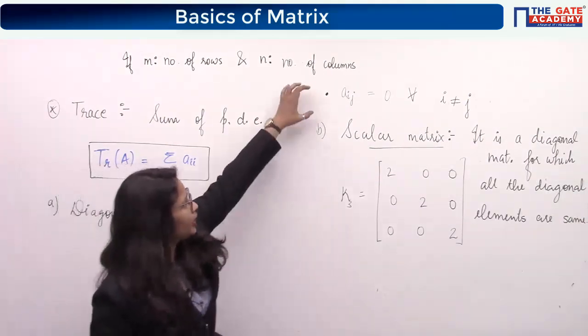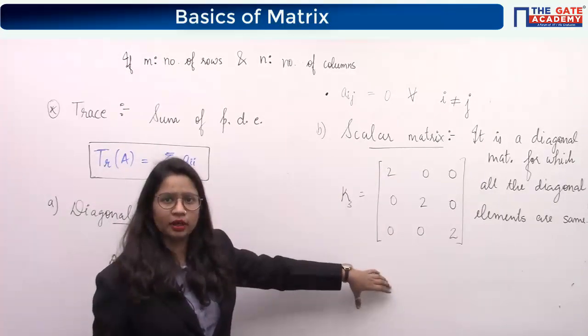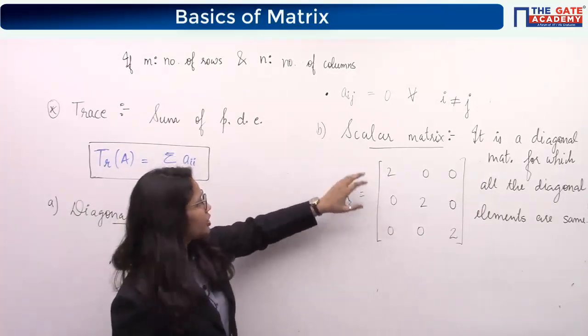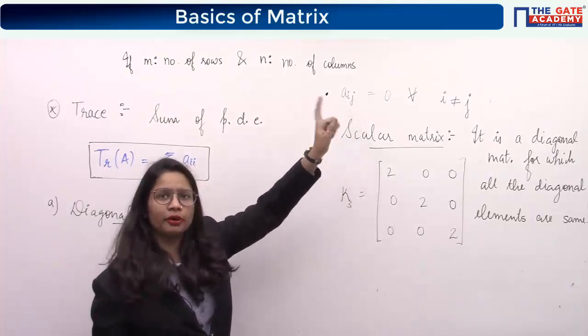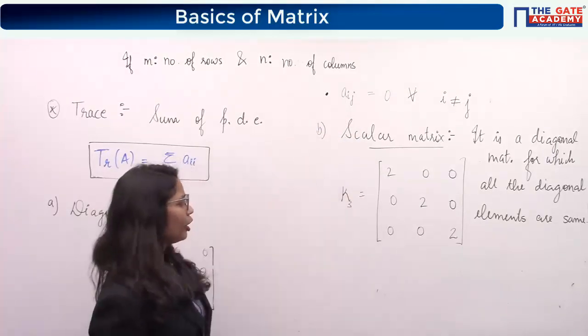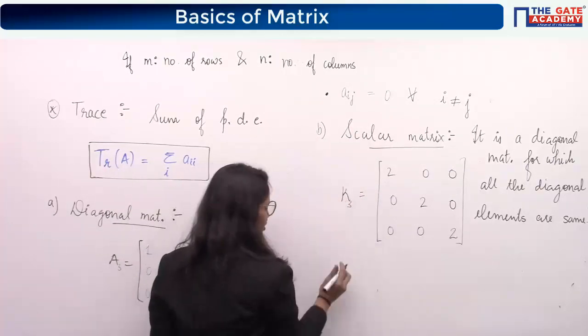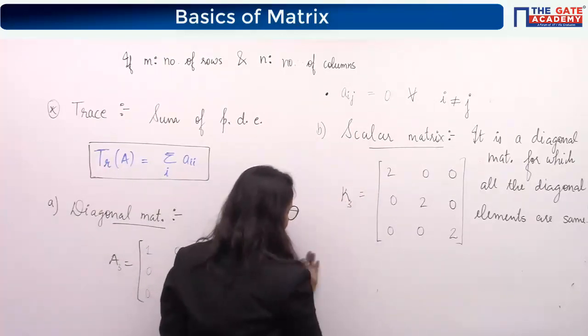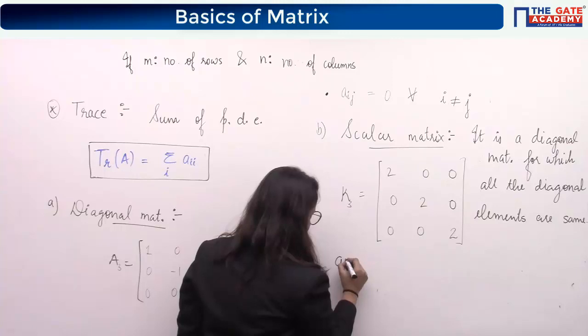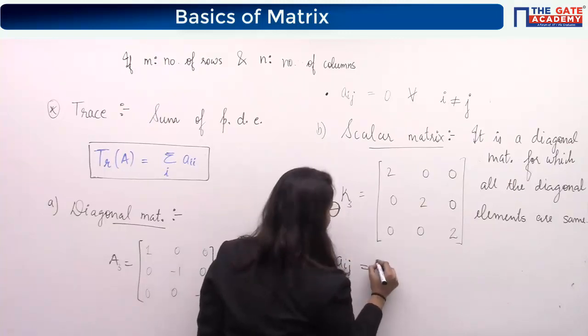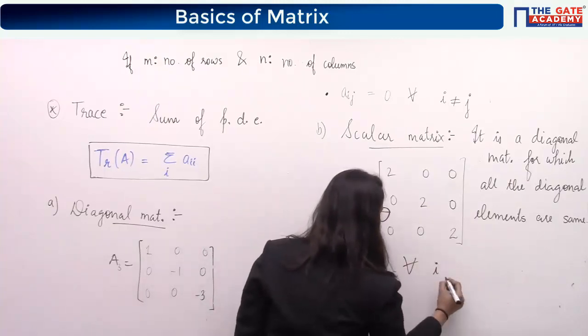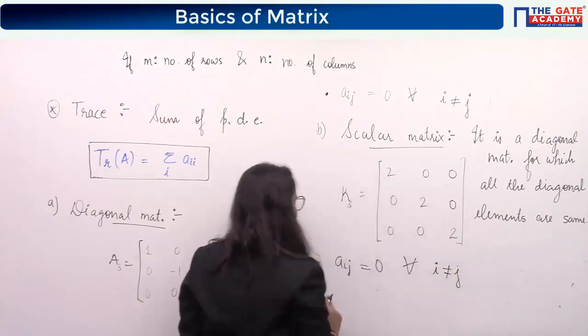Now can you write down this definition for scalar matrix in this format? Can everybody write it down? Please write it down in your copy. What will be the elemental definition for this scalar matrix? First of all, this condition should be satisfied that for all i not equal to j, Aij should be 0.